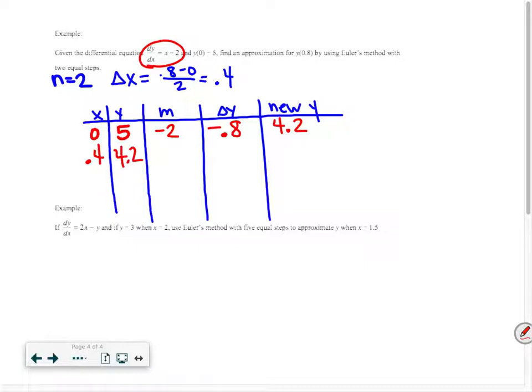Where did that 0.4 come from? Our change in x is 0.4, so we tack it on. Now we need to evaluate the slope for our new coordinate, 0.4, 4.2. What would that give us?